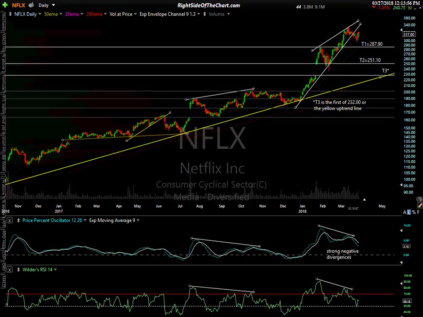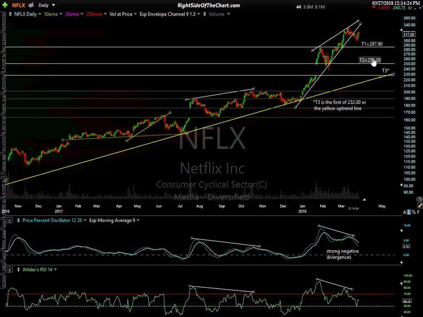So yes, there's a lot of indexing in the near term, so there'll be a correlation with the broad markets. But I just want to make clear that each of these trades is based off its own unique chart, and unless I see something here that foils this bearish chart pattern, I still very much like this trade and think it's coming back down to at least this second target here, and we'll just have to see from there.